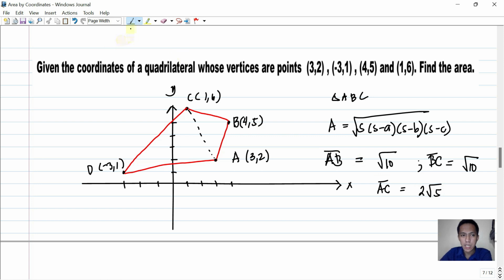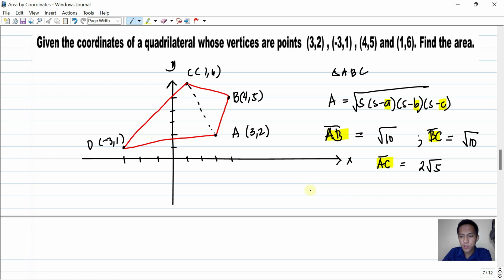So basically, these sides here, ayan, side AB, we can designate that as side a, okay, small letter, and BC, let's say b, and c, that is etong si AC. Okay, so this is the general formula for getting the area of a triangle given three sides. And the next step is to get the semi-perimeter, guys. So semi-perimeter is just equal to the sum of the sides.